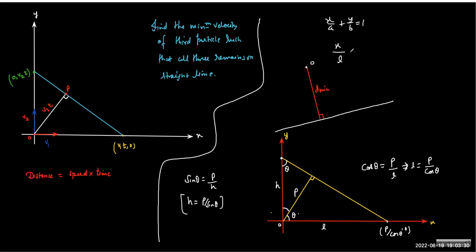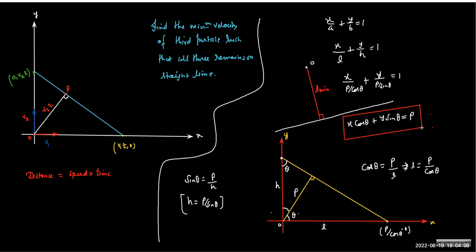What is b? L is P by cos theta, and H is P by sin theta. And this will give you the really simple answer: x cos theta plus y sin theta equals P. This is called the parametric form, or I think the perpendicular form.